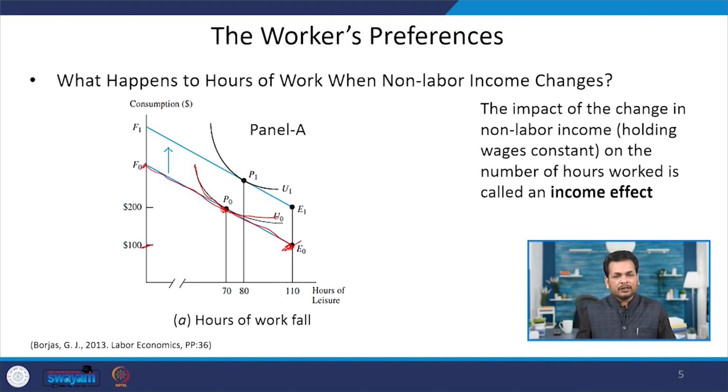Now, let us say the non-labor income increases from $100 to $200. The endowment point is now moving from point E0 to point E1. With the wage rate the same, the slope of the budget line will be the same and the worker now has a new budget line F1 E1.